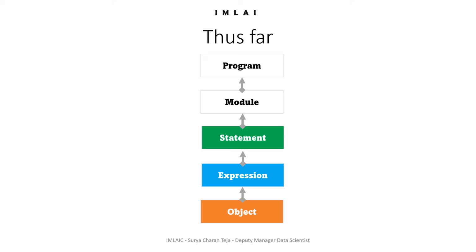But before we discuss functions, I want to give a summary of our module 3, that's syntax and statements. Whatever we have discussed in that session, we can put in a nutshell.